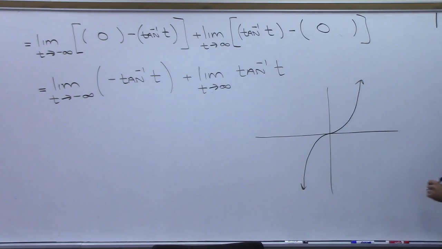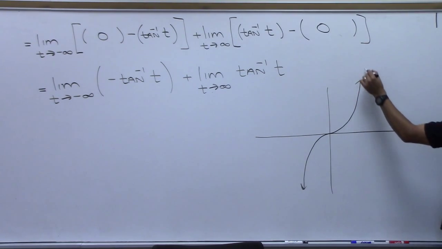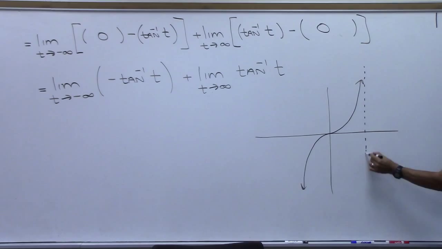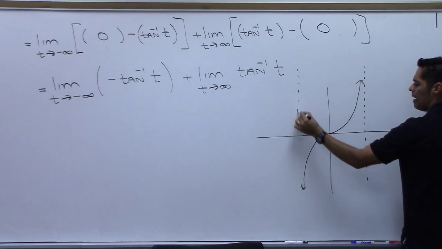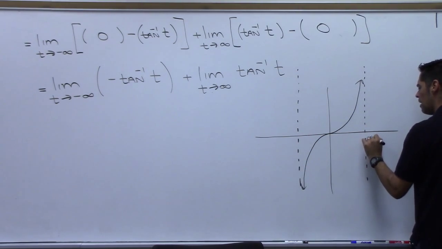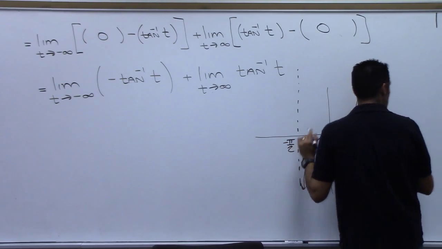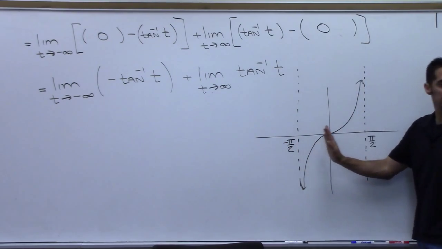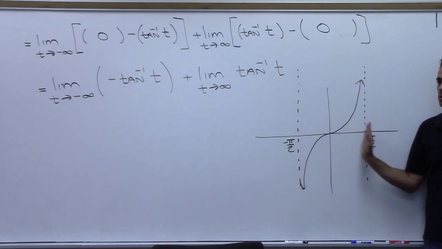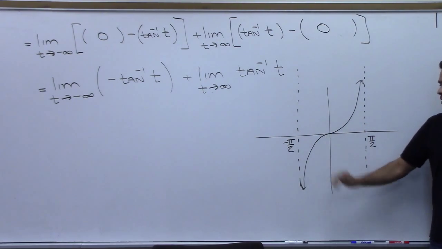Yes, but when you graph it, doesn't it look like this? And it has these vertical asymptotes, doesn't it? And they happen at pi over 2 and negative pi over 2. Yes, we would have another one at 3 pi over 2, but I'm going to go backwards because with arctan, we only look at this one, this restriction.